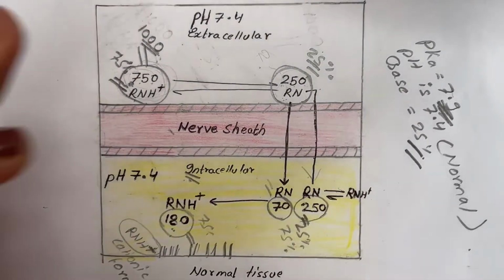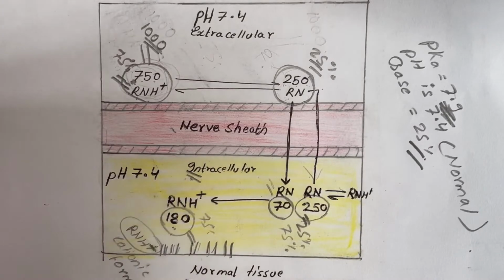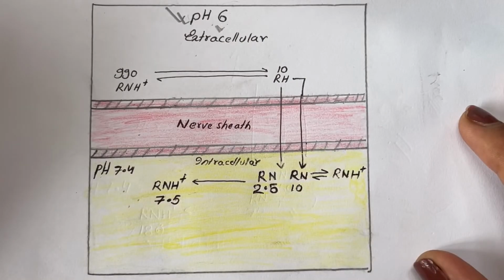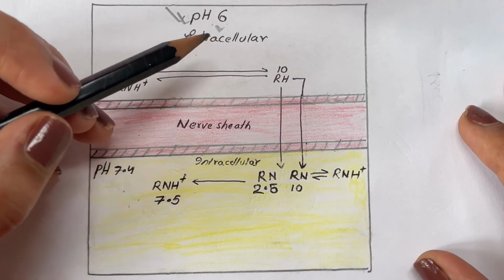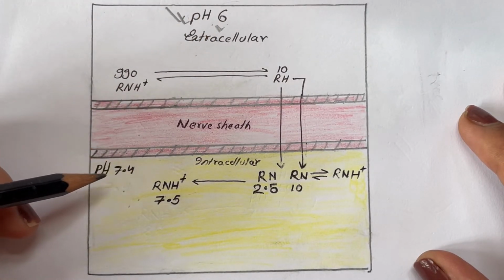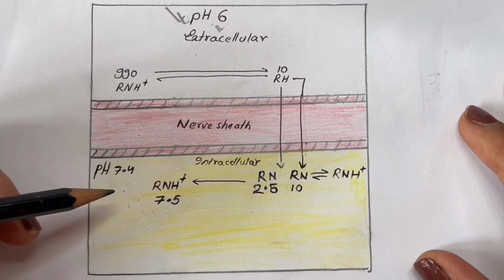Now for the same condition we are going to discuss the infected or inflamed case. In an inflamed or infected case, the pH of the extracellular area decreases, that is, the pH is 6, and in the intracellular area the pH is normal, that is 7.4.